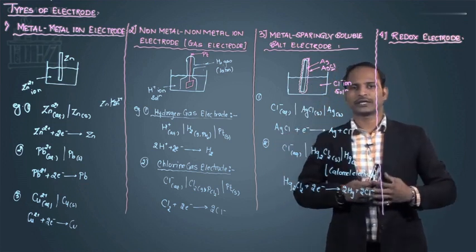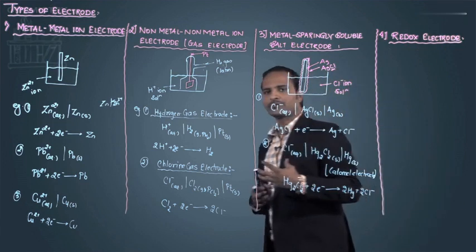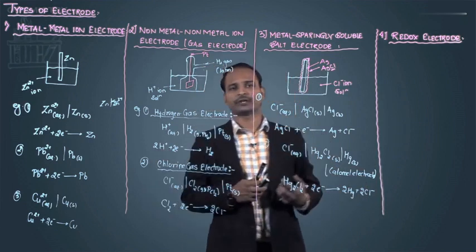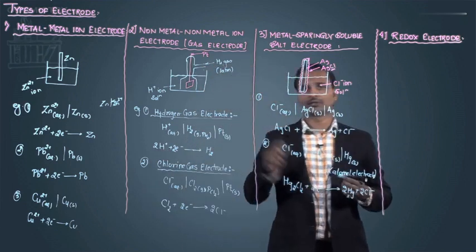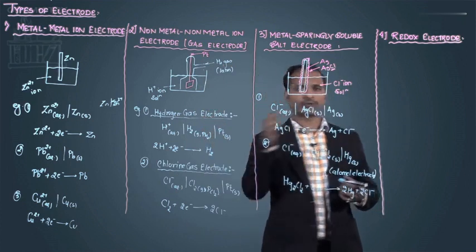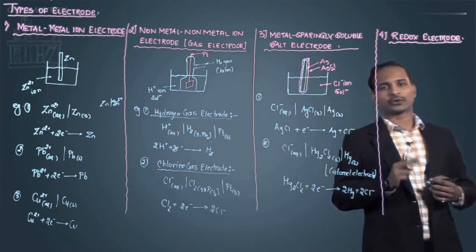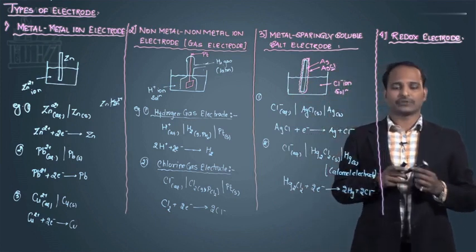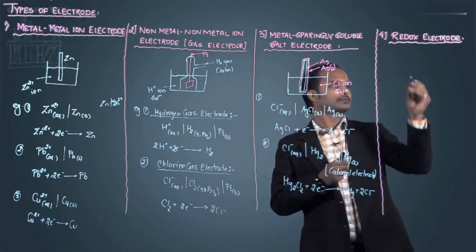Now what is a redox electrode? The redox electrode is the one where the solution contains the same metal ion but with a different valency. And again in this case also, like the non-metal ion electrode, the electrode is inert in nature. Means here also I am using the same platinum metal which is an inert metal.